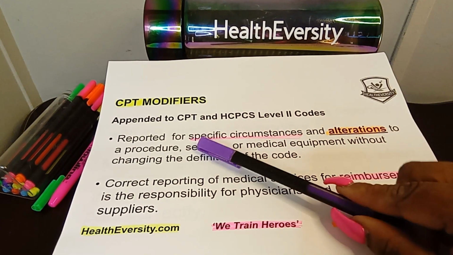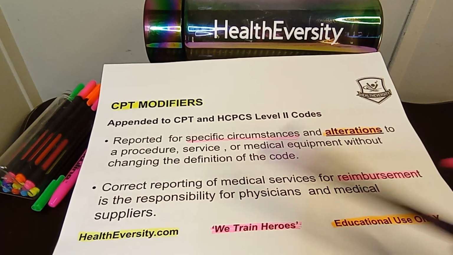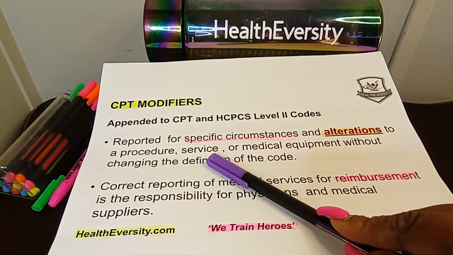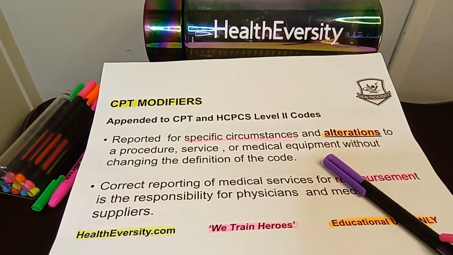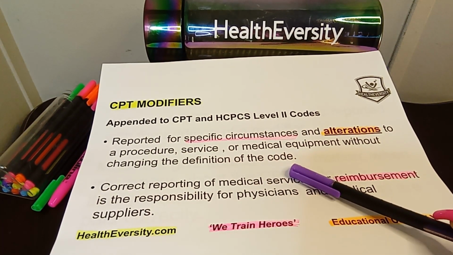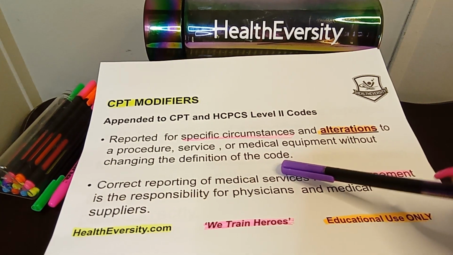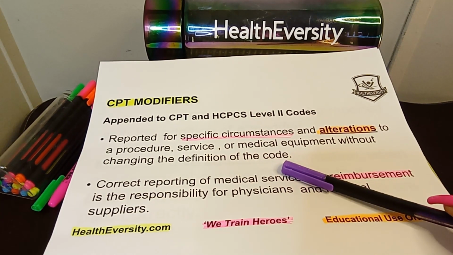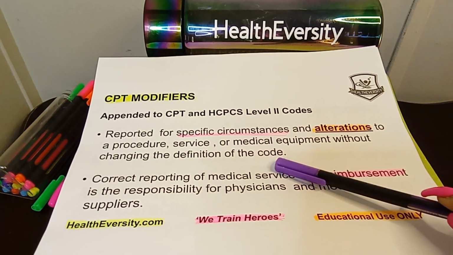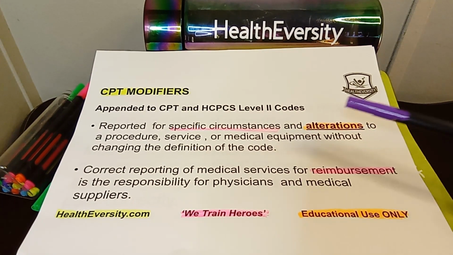They are reported for specific circumstances and alterations to a procedure, service, or medical equipment without changing the definition of the code. So if you're using a bilateral procedure, the procedure does not change, but the modifier tells the story of what is going on, okay? So it helps with documentation.